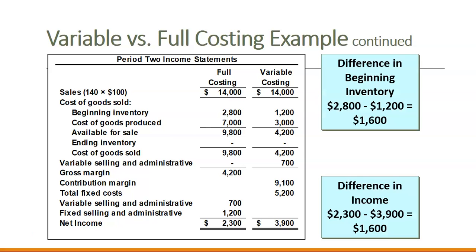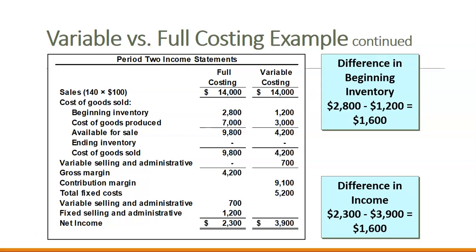This is caused by, if we see a beginning inventory, our difference in beginning inventory is also $1,600, giving us a difference in income of $1,600. So if we use full costing, which is required under GAAP, and we stock excess inventory, so we stock more inventory than we sell, we can manipulate our total net income versus variable costing.